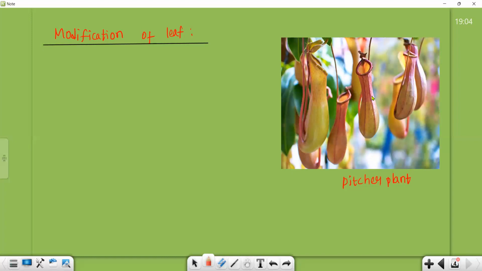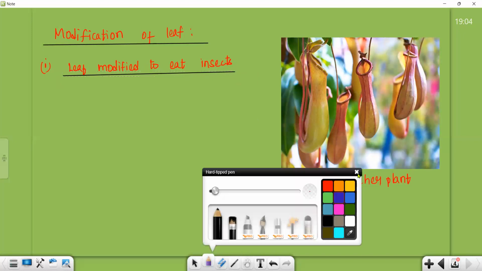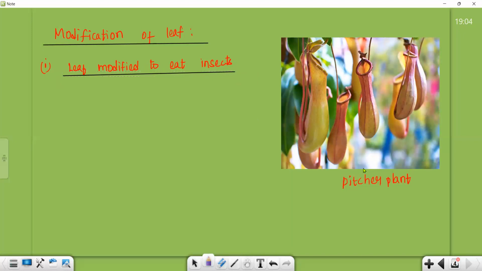Okay. So the first modification we have discussed: leaf modified to eat insects. Ma'am, so it doesn't do photosynthesis, right, ma'am? No, it lives in nitrogen-deficient soil. To compensate for that nitrogen, it eats insects.